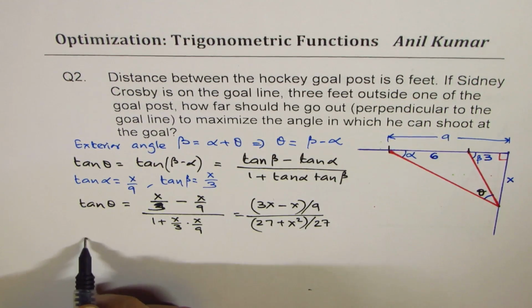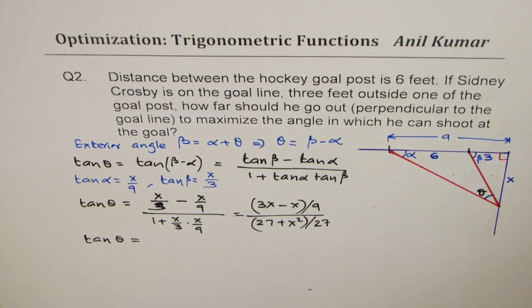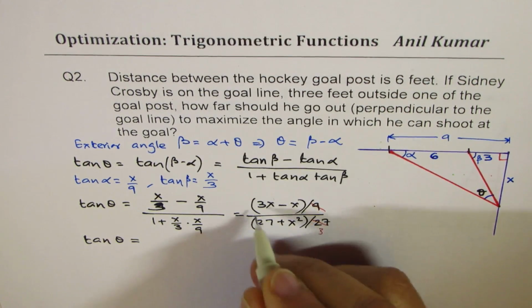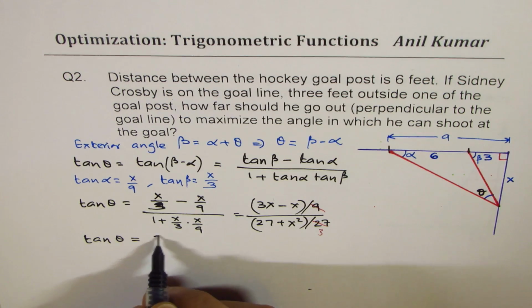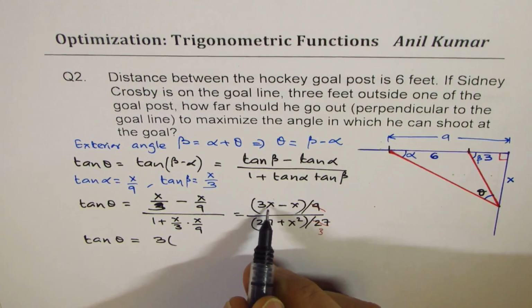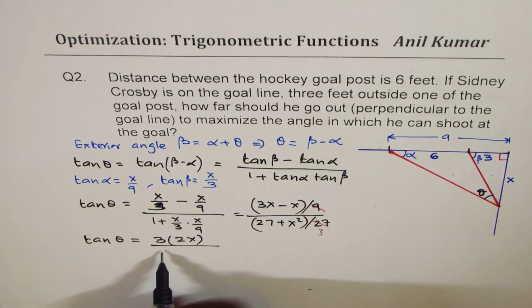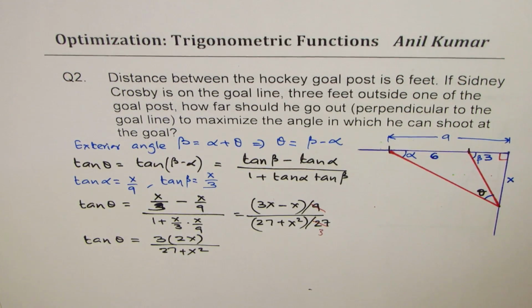Now this could be written as tan theta equals to 9 and 27, you could cancel 3 times. So divide means it comes on the top. So we get 3 times, within bracket 3x minus x is 2x, and in the denominator we have 27 plus x squared. So I hope it's absolutely clear up to now.